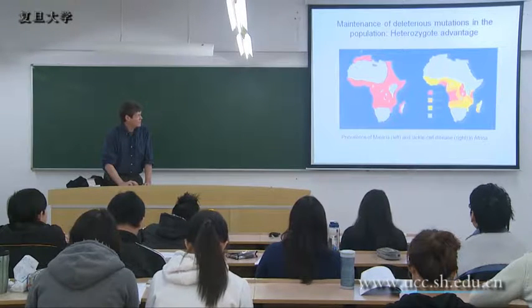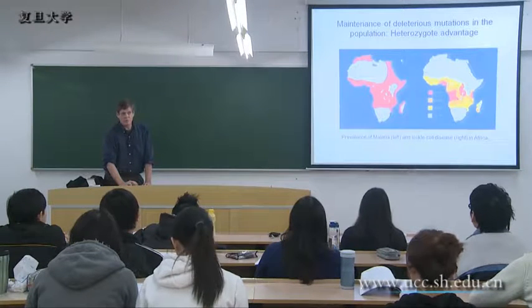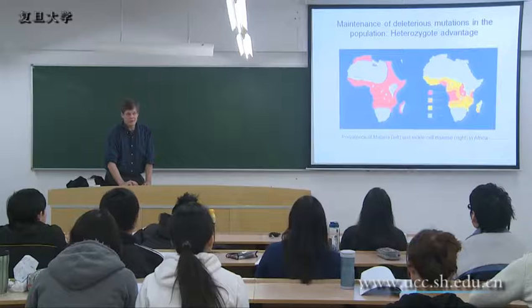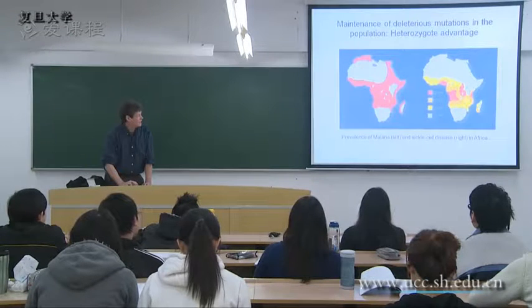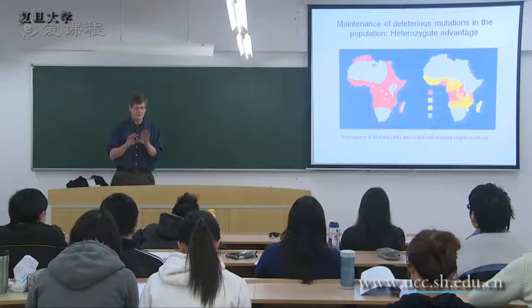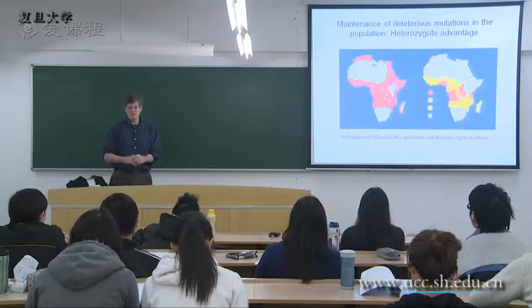Now, up in this region here, there's also malaria. It turns out there's a different type of disorder that affects hemoglobin called alpha or beta thalassemia. And this has also been proposed. People who are heterozygous for these thalassemias have also been proposed to be resistant to malaria.